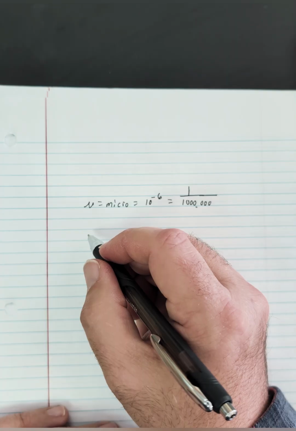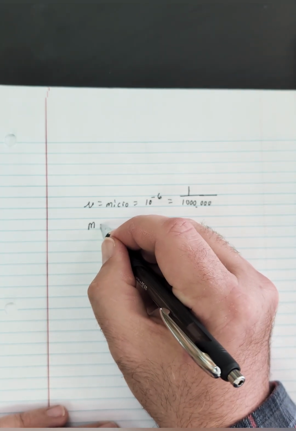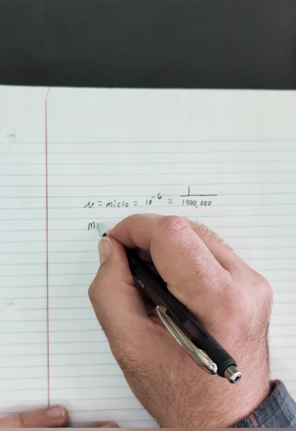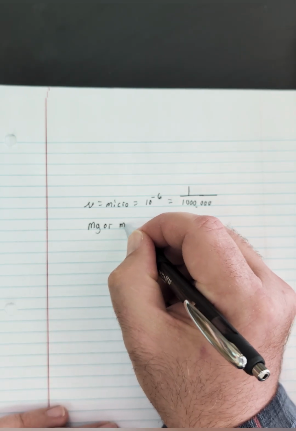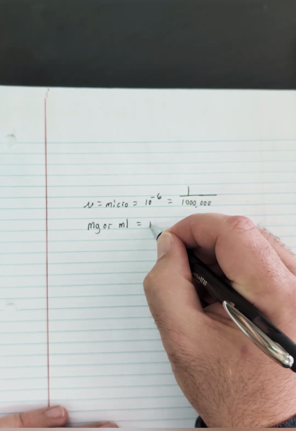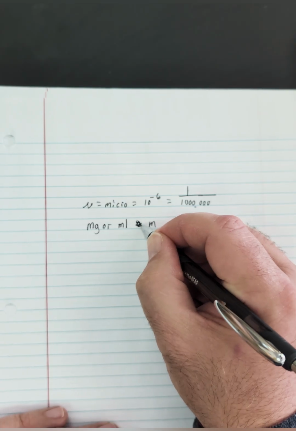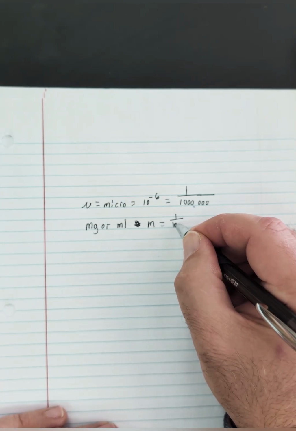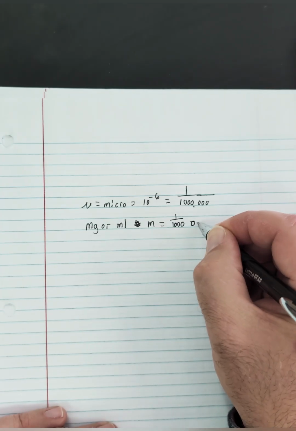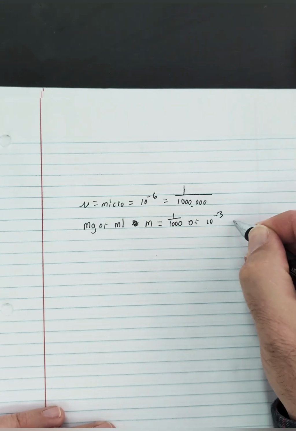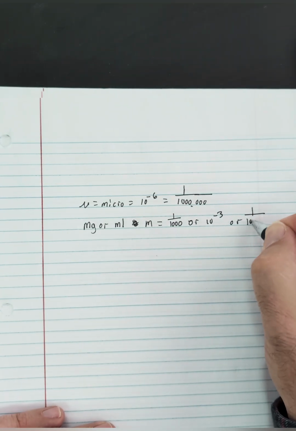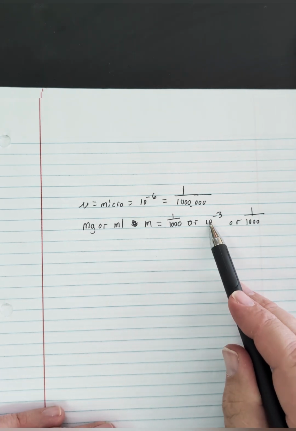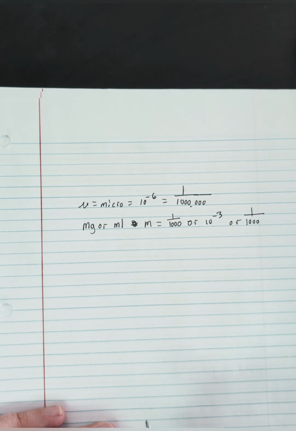All right, and a lowercase m, like mg or ml, okay? Lowercase m is equal to 1/1000th, or 10 to the negative 3. So it takes 1,000 millimeters to equal 1 meter.